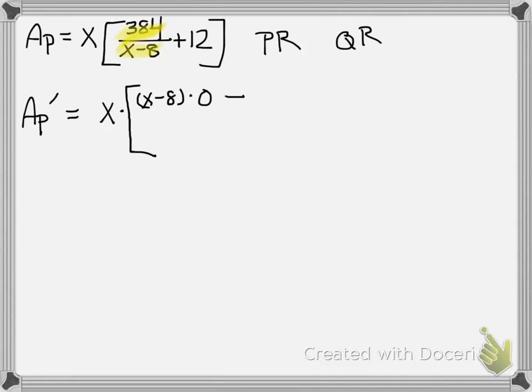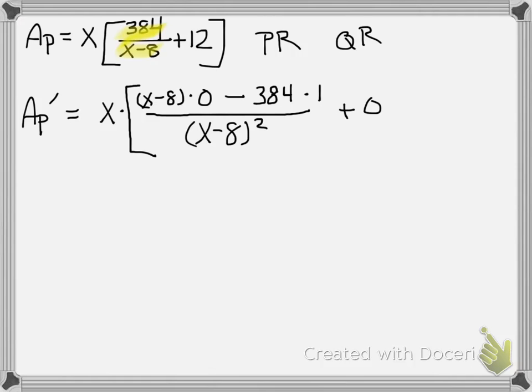And it's going to be minus the top, which was 384, times the derivative of the bottom. And so, like I said, the 8 is going to go to 0 because it's a constant, but the derivative of x is going to give us 1, and that is going to be over the bottom squared. So we have x minus 8 squared, plus we're going to have the derivative of 12, which is a whole number, so that's just going to be 0.